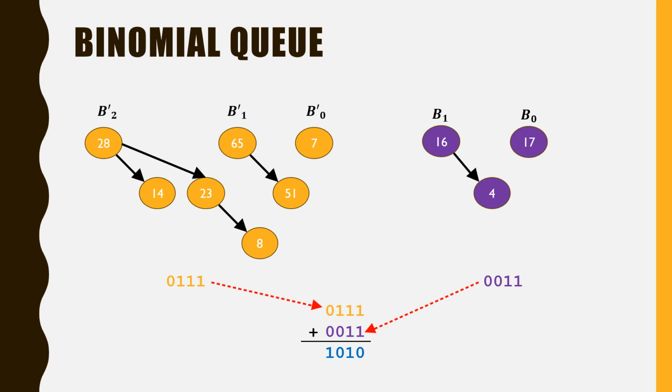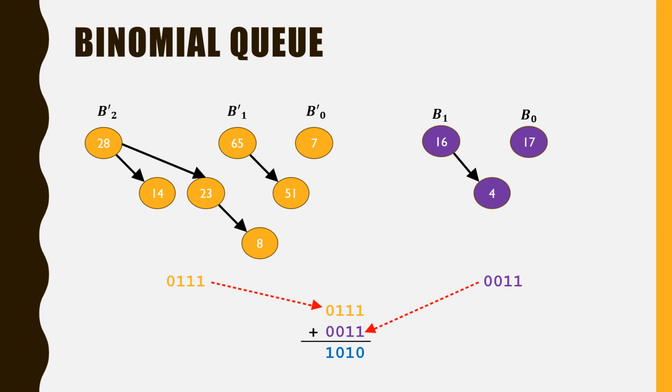Consider the orange binomial queue, which contains a B0, a B1, and a B2 tree. The binary representation of this binomial queue is 0, 1, 1, 1. Similarly, the purple binomial queue contains a B0 and a B1 tree, which can be represented as the binary 0, 0, 1, 1.